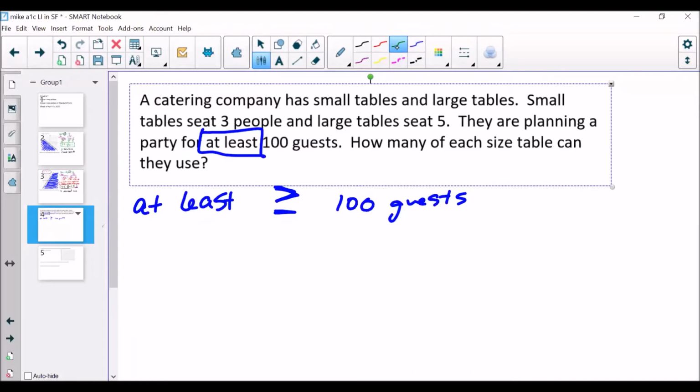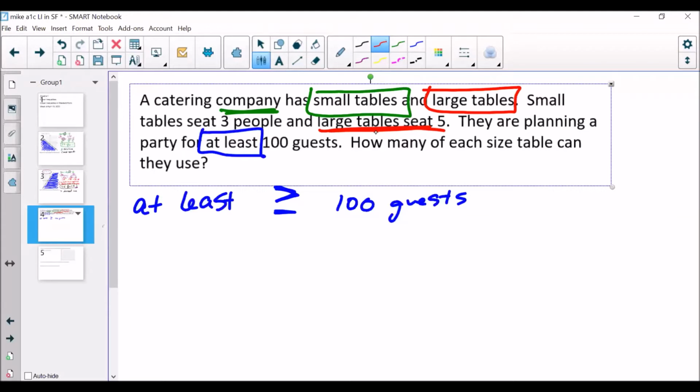So we have 2 different variables here. I see small tables, I see large tables, and I see that the small tables seat 3 people, and the large tables seat 5 people. So you can certainly use different variables here.